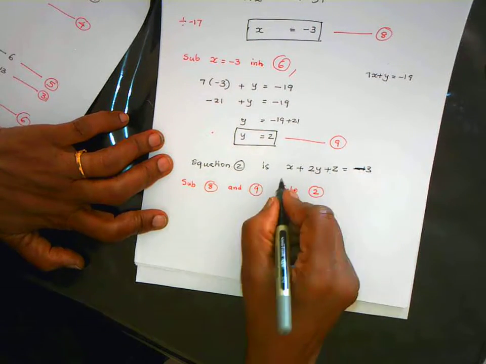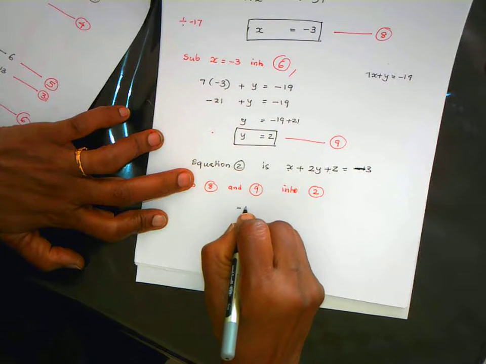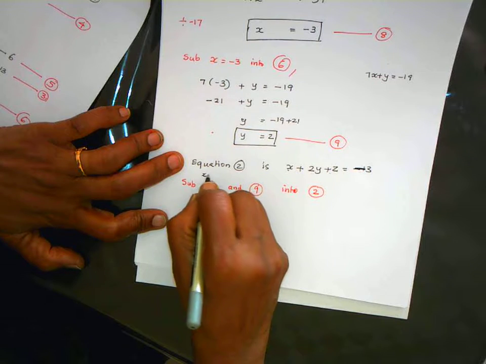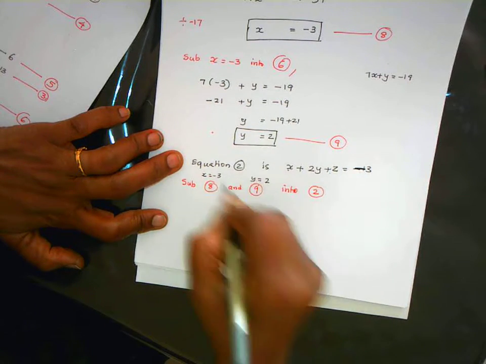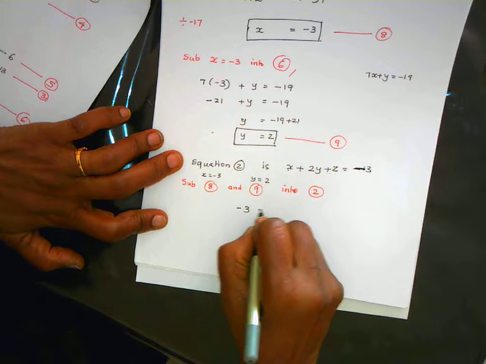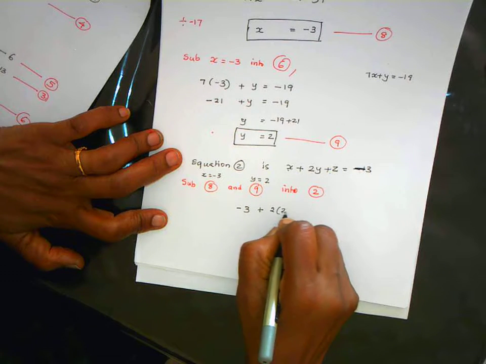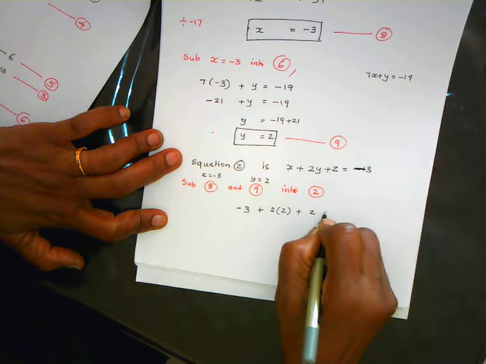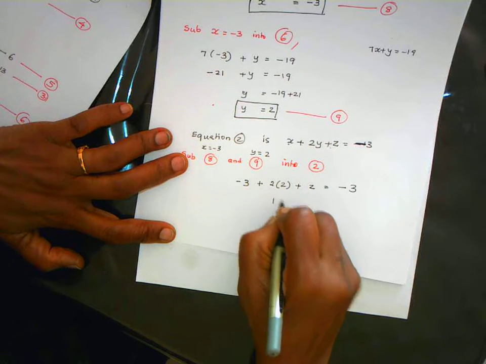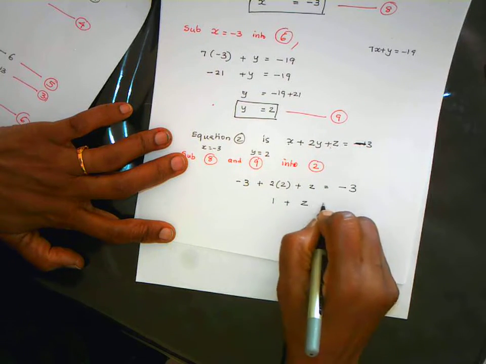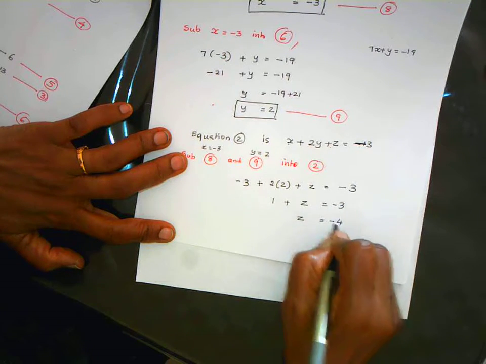When I do that, x is minus 3, so minus 3 plus 2 times 2 plus z equal to minus 3. When I sub in, this becomes 1 plus z equal to minus 3, or z equal to minus 4.